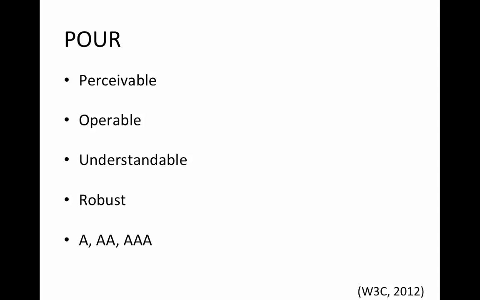More generally, however, for a service to be perceivable, users must be able to perceive the information being presented. It can't be invisible to all of their senses. For a service to be operable, users must be able to operate the interface. That is, the interface cannot require interaction that a user cannot perform.